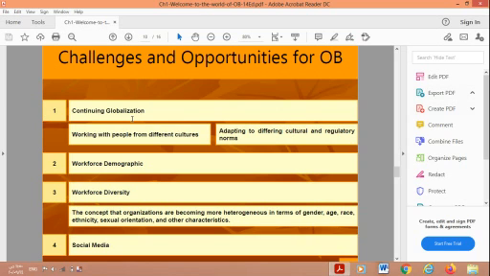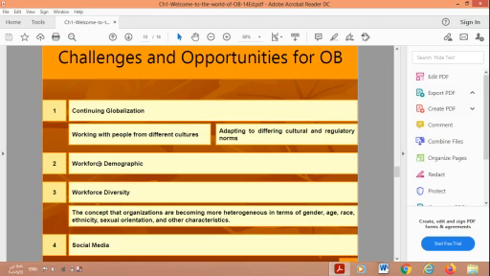Okay, so in globalization we are working with people from different cultures. So we have to adapt to different cultural and regulatory norms. So globalization enforced some changes in how the application of organizational behavior should be handled by the managers. This forces, and it affects, the ability of the managers to apply the organizational behavior concept. So it should be studied.